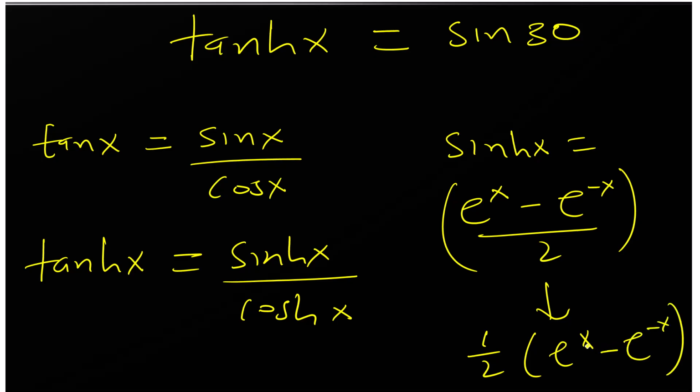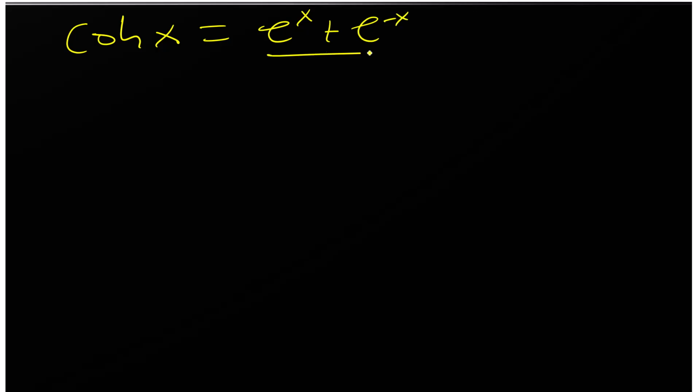That is for sinh. Now let's look at cosh. So this side will be e raised to x plus e raised to minus x on 2, which is the same as half of e raised to x plus e raised to minus x.